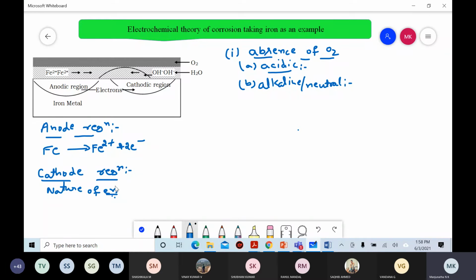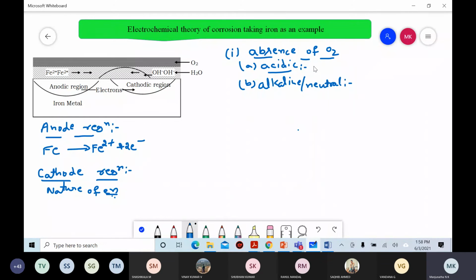Therefore, here two types of environment are observed: one is absence of oxygen, another one is presence of oxygen. In the case of absence of oxygen, there are two cases: one is the medium is acidic in nature, another one is the medium is alkaline or neutral in nature.